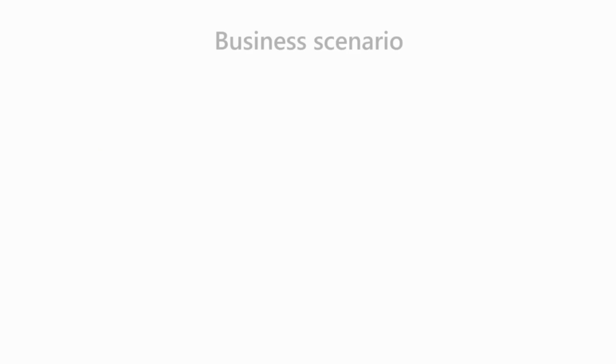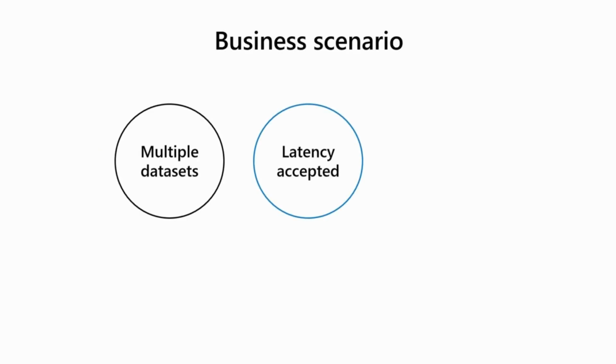The business data used at AdventureWorks for analysis on a year-to-year comparison is not updated frequently. It is stored in multiple data sets, and some latency can be accepted. Since it is mainly read-only, not all data analysts need write access, but they can all read from all data sets.